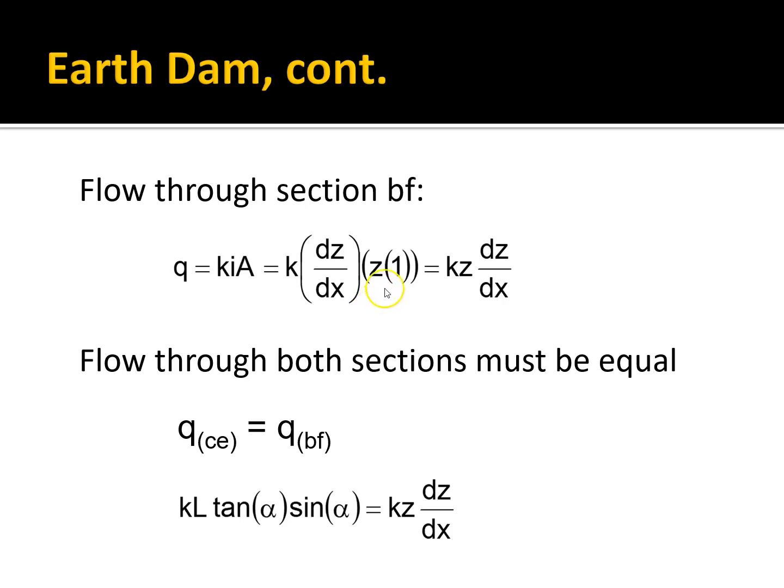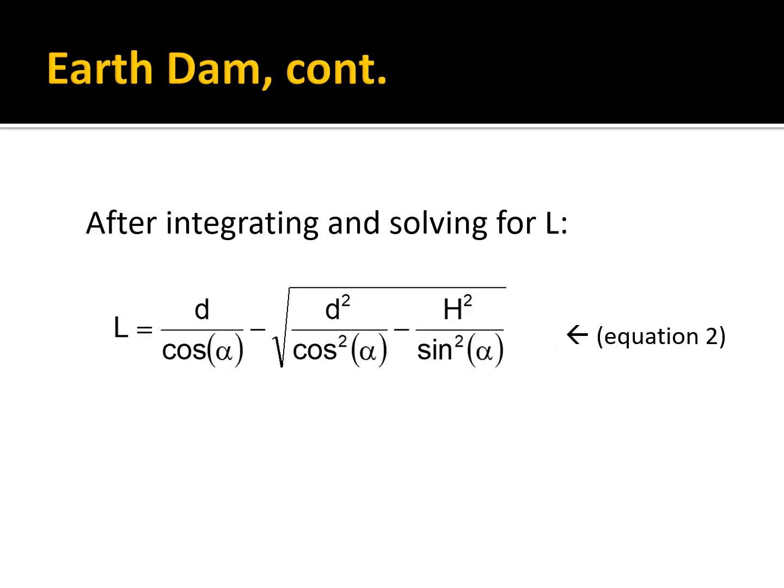The cross-sectional area of flow, the height of that line, is z, and again, the other dimension is 1. So we have k times z times dz/dx, and assuming continuity, the flow through section CE has to be equal to the flow through section BF. If we set those two equal to each other, we get this equation. And then after we integrate that equation and solve for L, we get this equation right here.